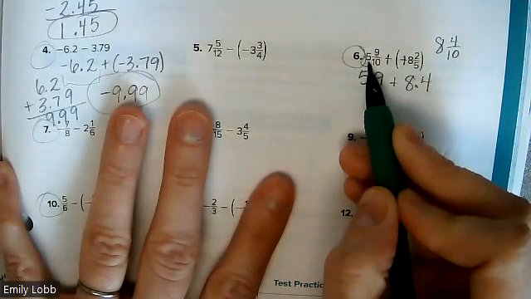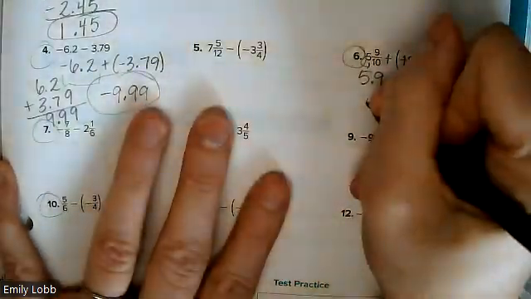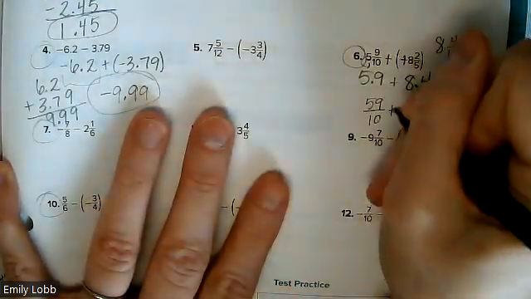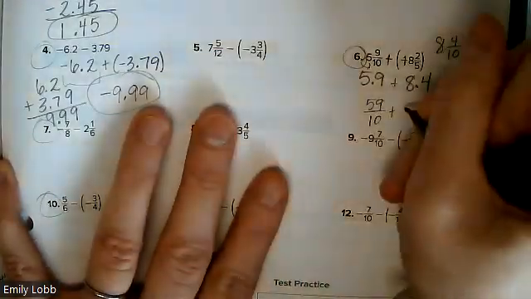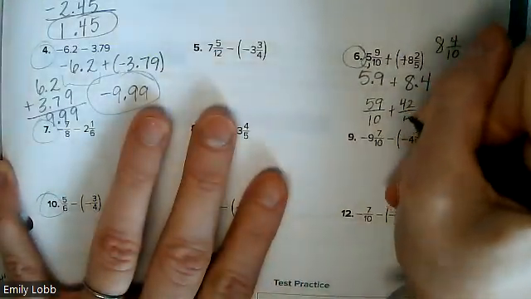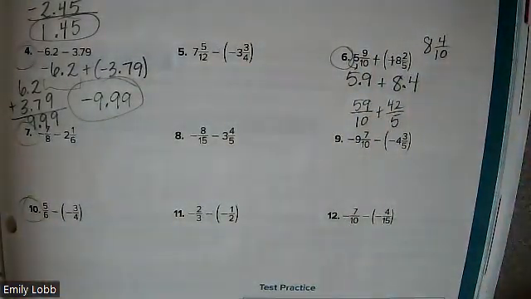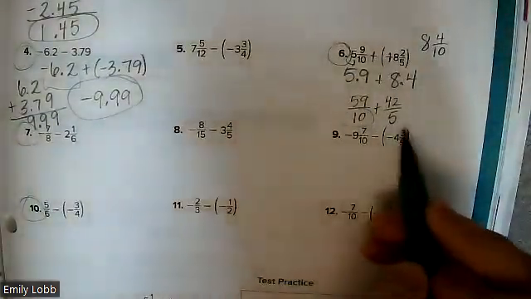So 5 times 10 is 50, plus 9 makes 59. We keep our denominator the same, plus 8 times 5 is 40, plus 2 is 42/5. What do I need in order to add fractions? My denominators have to be the same.